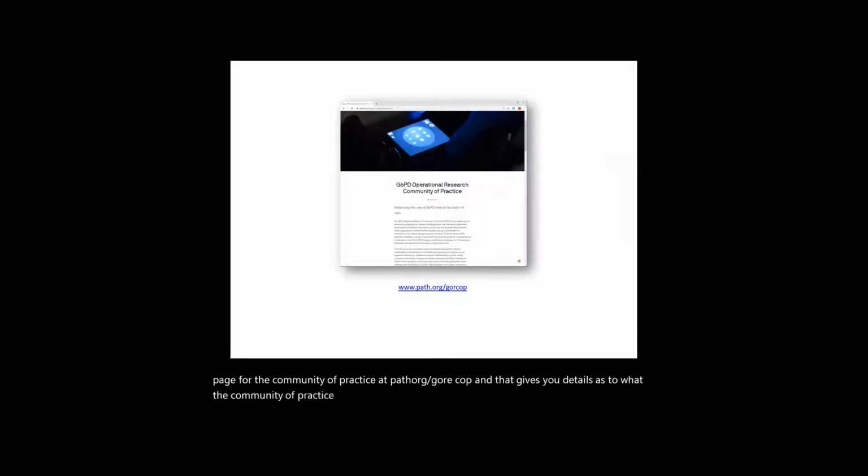In short, it's a collaboration of researchers, organizations, malaria control programs, and clinicians committed to advancing the introduction and scale up of G6PD diagnostics in support of safe access to radical cure treatment for P. vivax malaria through operations research. To support information sharing, the GORCOP maintains a digital central repository of resources that is accessible to all participants and members of the GORCOP, which is short for the G6PD Operational Research Community of Practice.